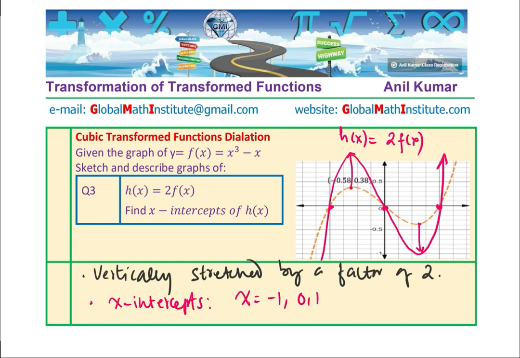It is important to note that whenever you do a vertical stretch or compression or even reflection, the x-intercepts do not change. What changes is the y values. So local maximum and minimum values are changing, correct? So when you multiply by 2, they double up, as you can see here.